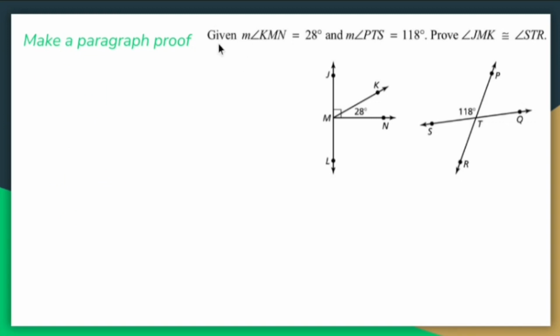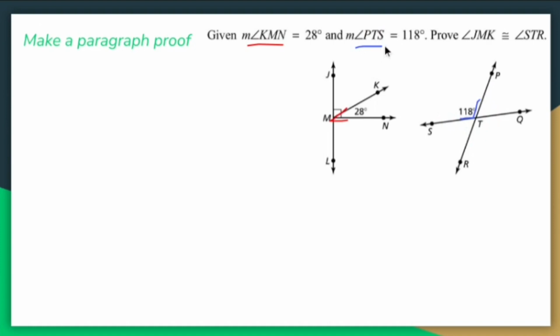All right, so what do we have? We have given KMN is 28 degrees. I can handle that. We're also given the fact that PTS is 118.